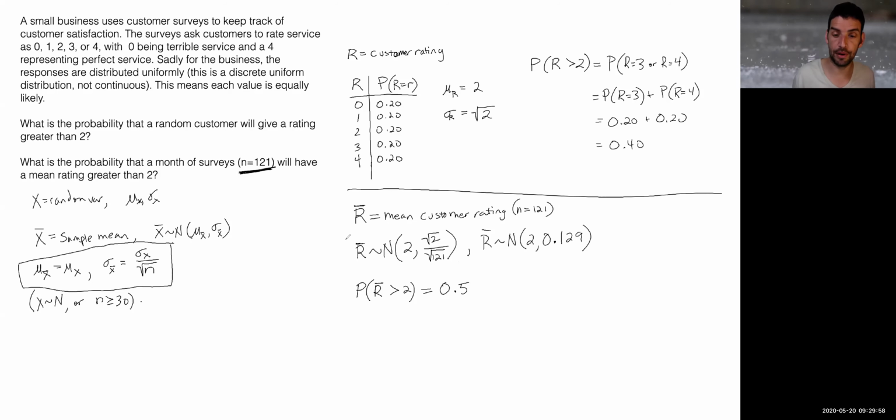When this is going to be most important to us is when we don't actually know the original distribution. Sometimes we might just know some information, like an estimate of the standard deviation or an estimate of the mean, but we don't know the distribution it follows. And then it's really important that we can take the samples, because we get a normal distribution, and then we have some information.